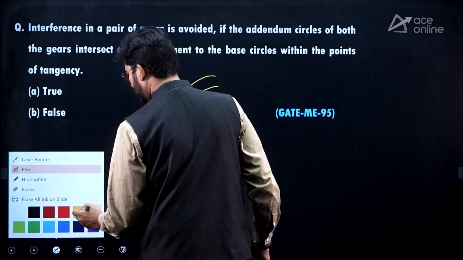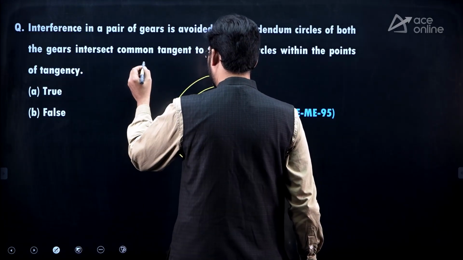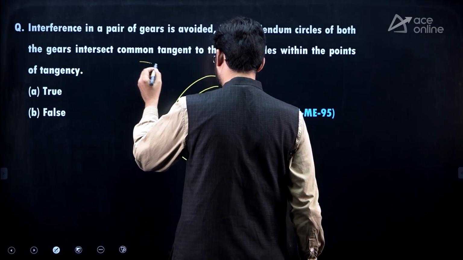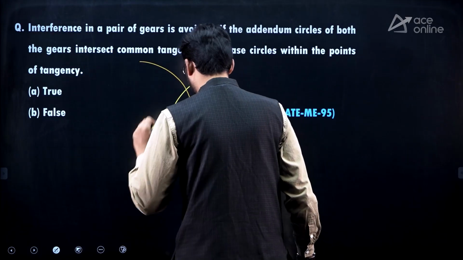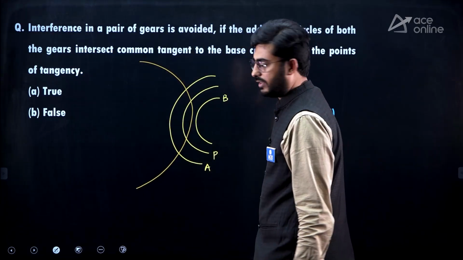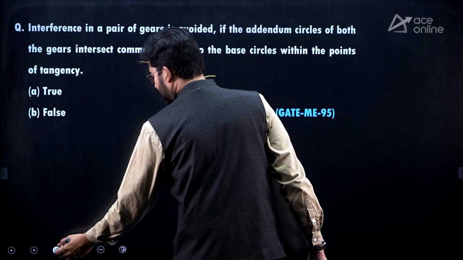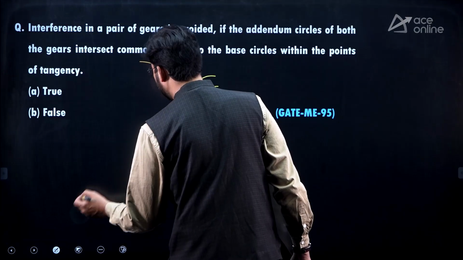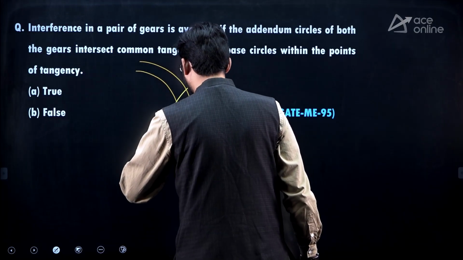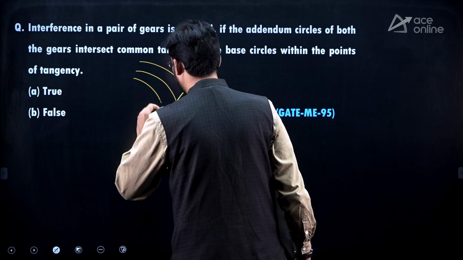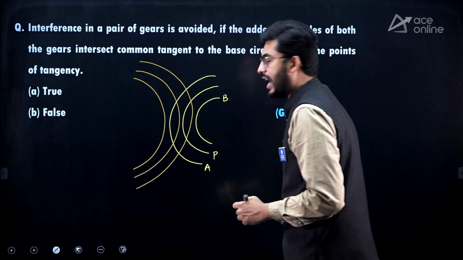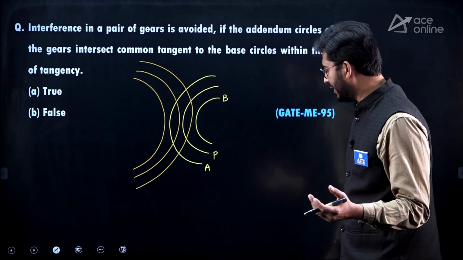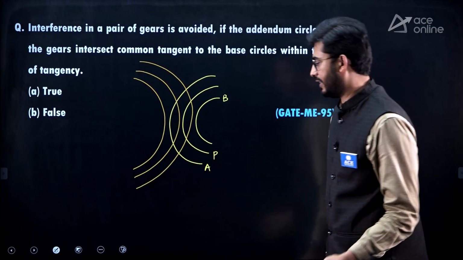Next is that for the gear, if the addendum circle of the gear is not touching the base circle, okay, then the chance is that the involute face of gear and involute face of pinion, both will be interacting.